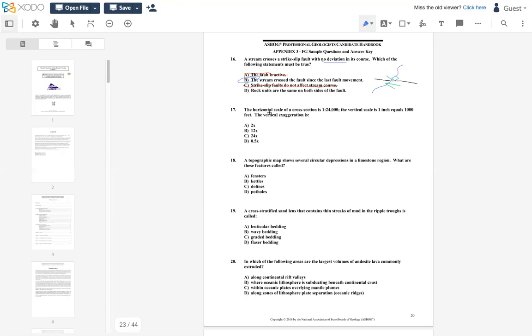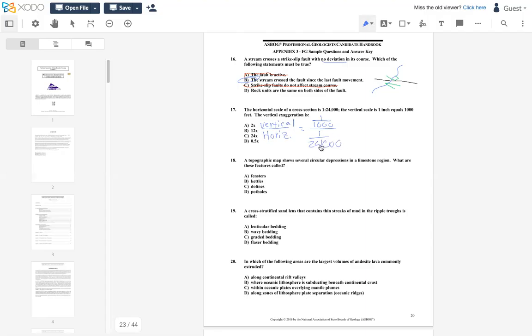All right. The horizontal scale of a cross section is 1 to 24,000. The vertical scale is 1 inch equals 1,000 feet. What is the vertical exaggeration? So this requires you to remember that to find vertical exaggeration, you take your vertical scale over your horizontal scale. In our case, we have 1 over 1,000 and 1 over 24,000.